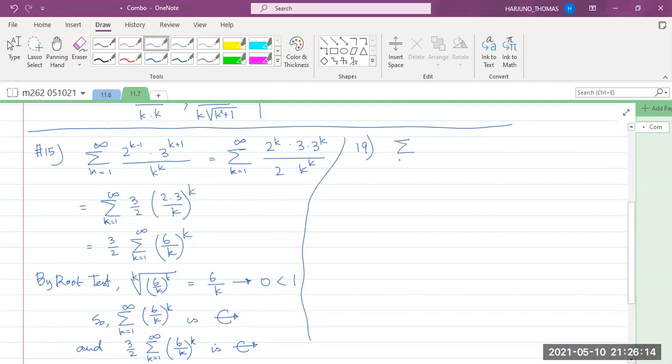That's an alternating series, sum from n equals 1 to infinity of (-1)^n times natural log of n over square root of n.